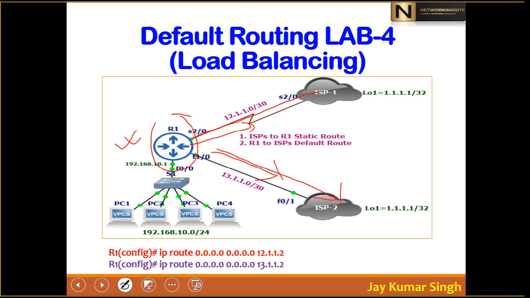Whenever your router wants to communicate to an ISP, Internet Service Provider, your router will forward the request of your internal users to ISP1 or ISP2. So always keep in mind, default route is always used when you have a single link connected to an ISP.